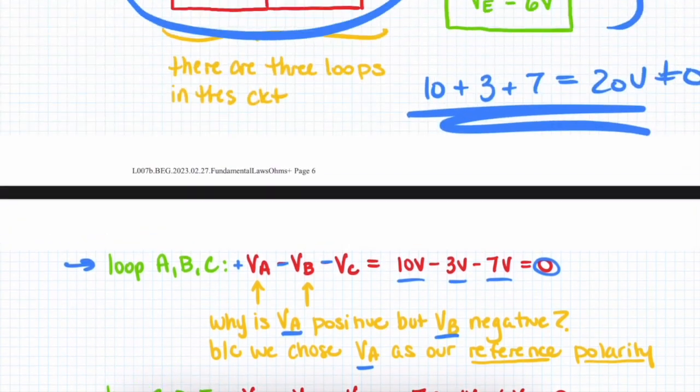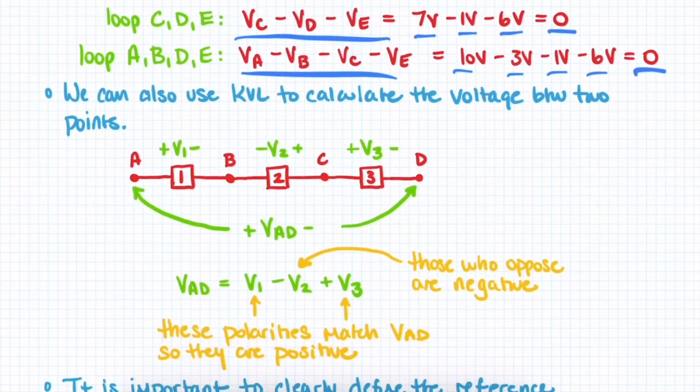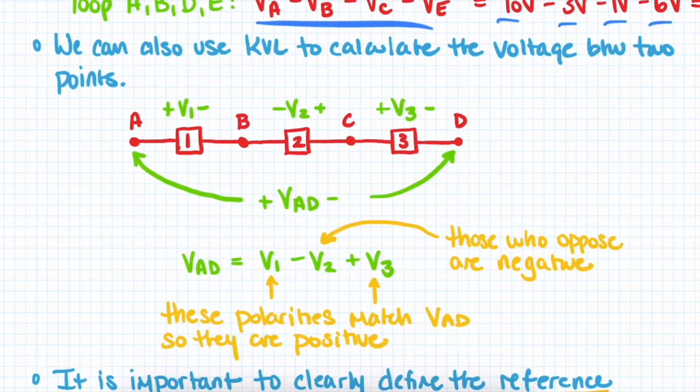Now, we can also use KVL to calculate the voltage between 2 points. It doesn't necessarily have to be a loop, although in reality we are still making a loop. Because let's say we have points A, B, C, and D, and we want to know the voltage VAD. Now, we haven't explicitly talked about the double subscript notation, but that is one we're going to use heavily in this class.